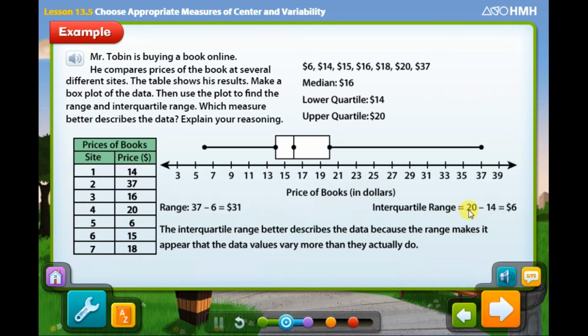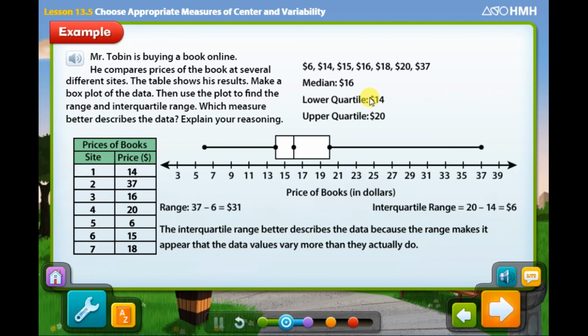You know the range is the difference between the highest value and the lowest value. The interquartile range means the inside-the-box range. This means you subtract the lower quartile from the upper quartile, which is 20 minus 14.